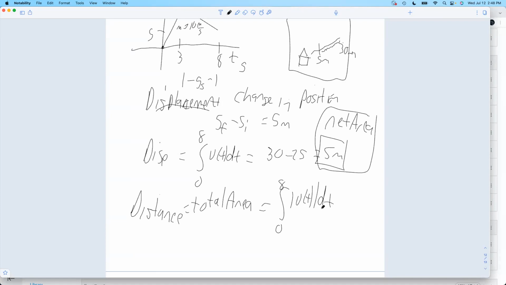Absolute value of velocity, by the way, we also call speed. Distance is always the antiderivative or definite integral from A to B of speed dt. Speed is a positive or non-negative number. Velocity can be positive or negative, speed can't.